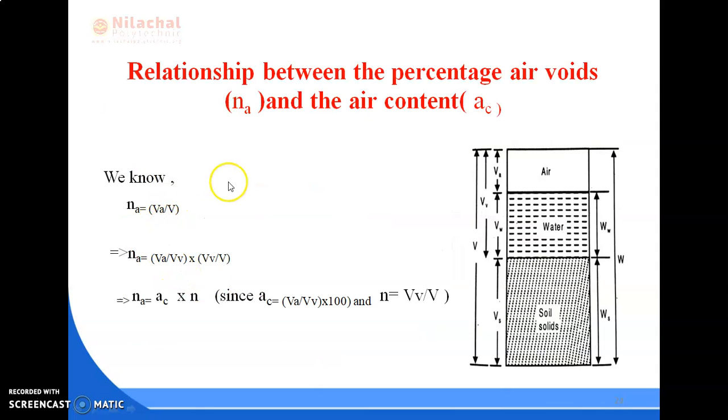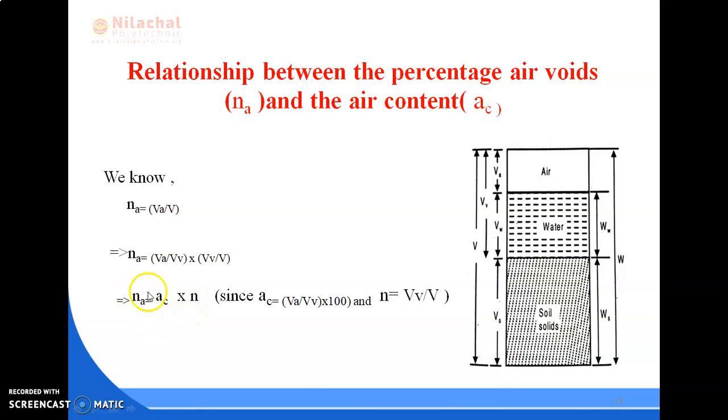So we know Na equal to Va by V, which implies Na equal to, now we divide Va by Vb into Vb by V. We convert this one or divide by Vb here, which implies Na equal to Va by Vb, which equals Ac, already discussed in the previous slide, into Vb by V, which equals n, porosity.